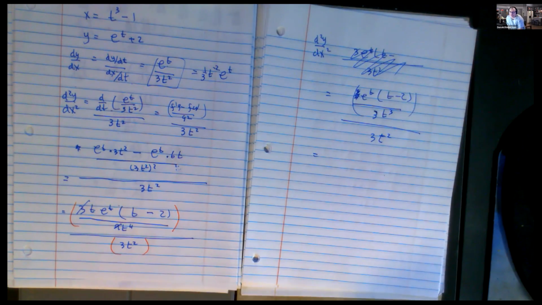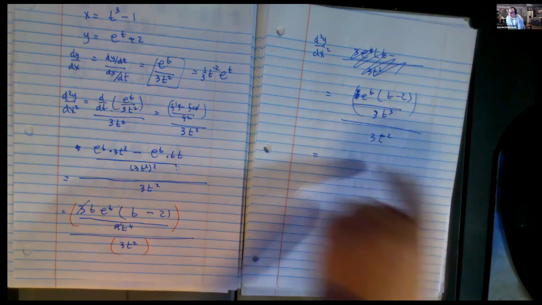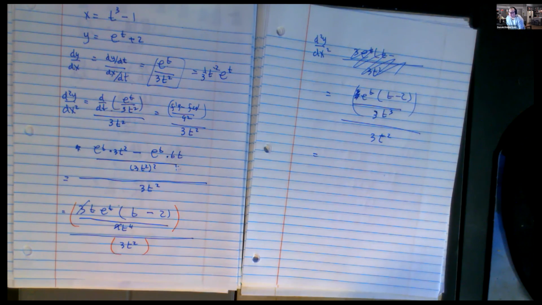Where shall we go next? You know, you can't have a fraction with a fraction in it, right? That just ain't going to happen. Not allowed. We're about 2 lines off the answer here. Multiply by the reciprocal.